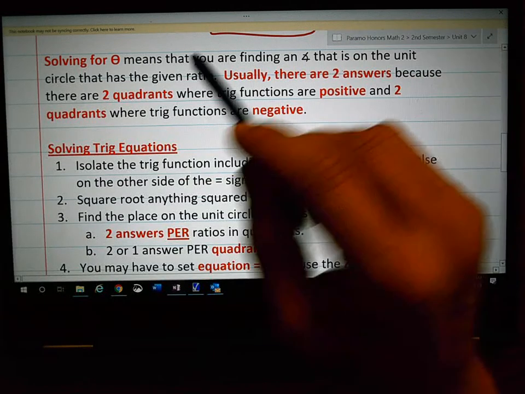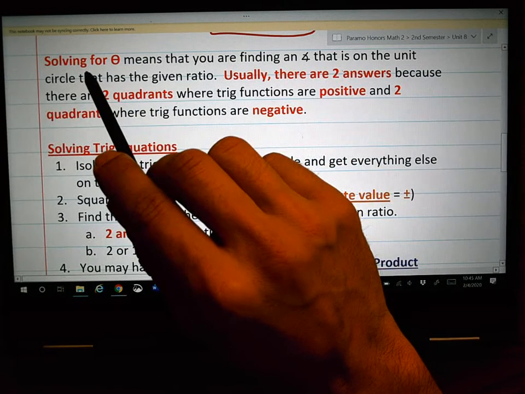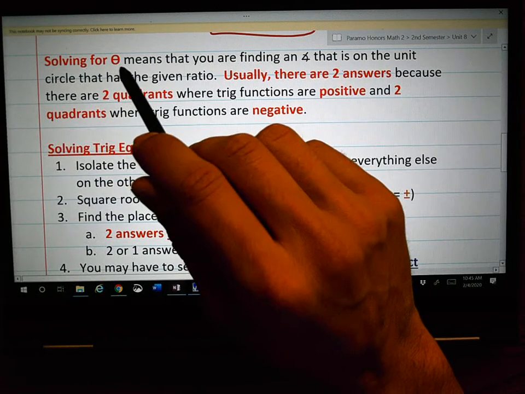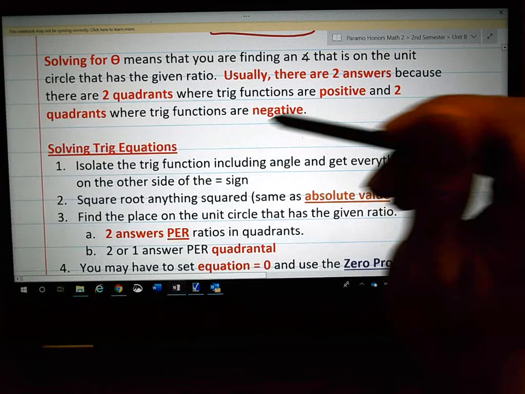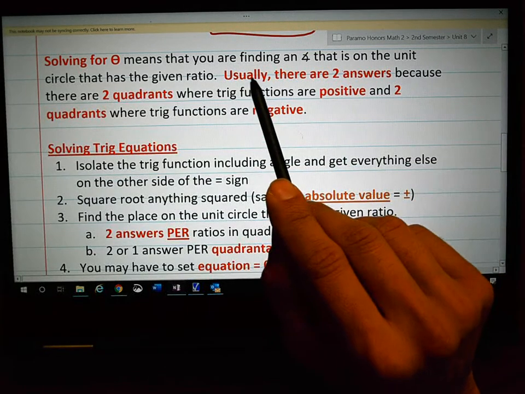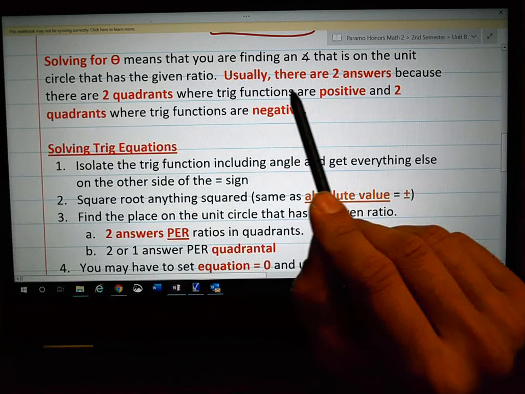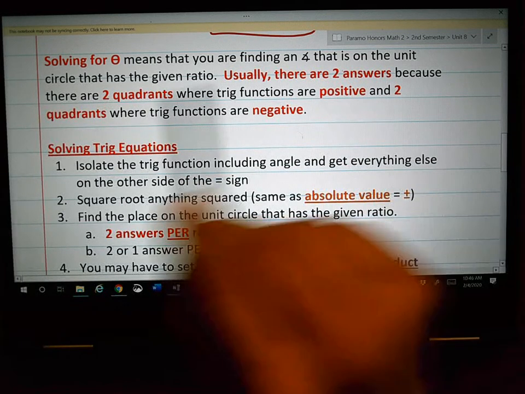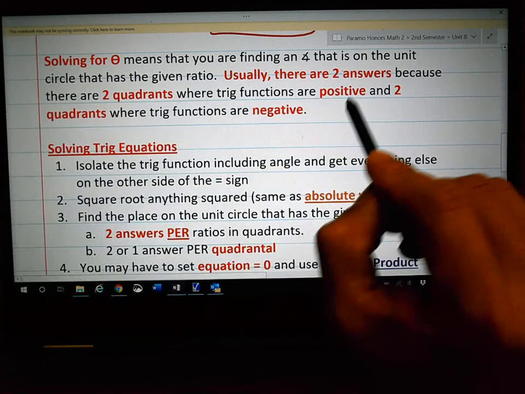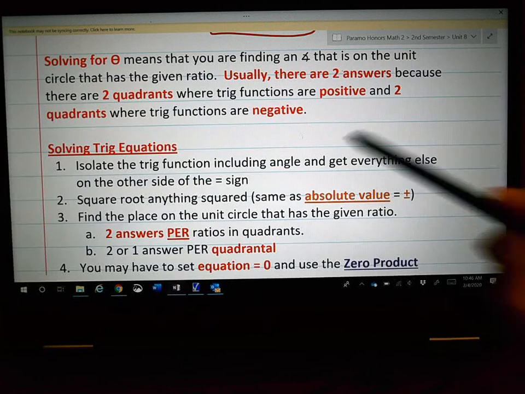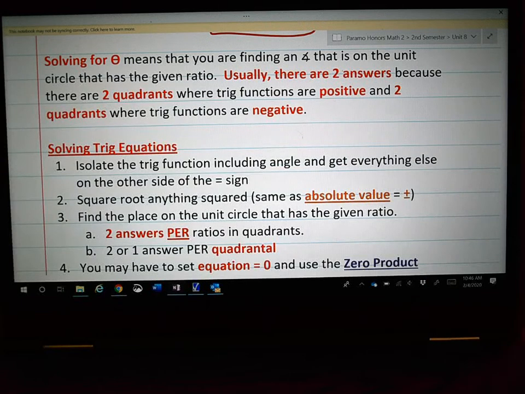So the first thing I need to say is this. If you're trying to solve for theta, you are trying to find an angle with a certain ratio. Usually there are 2 answers. And the reason why there's usually 2 answers is because there are 2 quadrants where the functions are positive and 2 quadrants where the functions are negative. Do not just look for one answer.